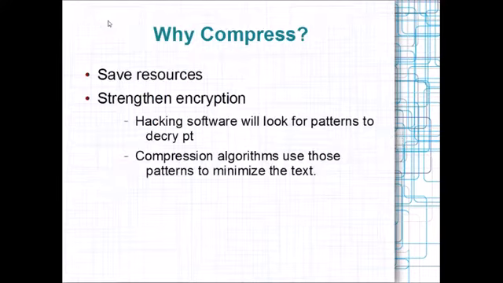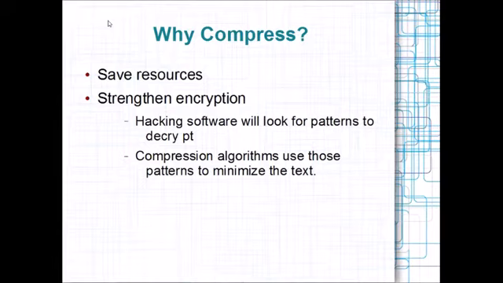There are some advantages to compressing the message before doing the actual encryption. The first advantage is that it saves resources. There's less room you have to store in memory or on disk. The second advantage is that it strengthens the encryption. A lot of hacking software that tries to figure out how to decrypt these things works by looking for patterns.